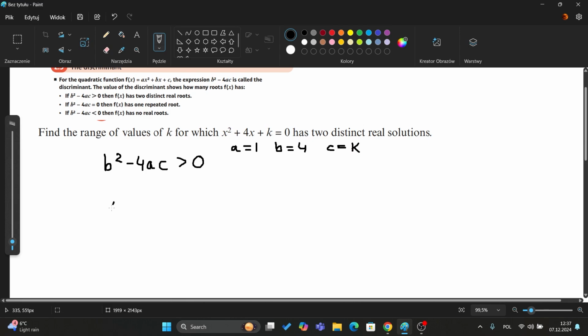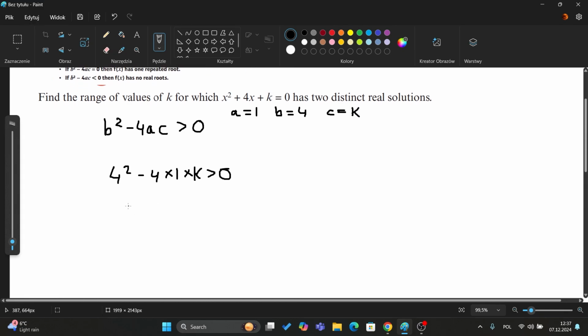So 4 squared minus 4 times 1 times k is greater than 0. Now 16 minus 4k is greater than 0. We add 4k on both sides to get 16 is greater than 4k, and so 4 is greater than k. Therefore, our answer is k is smaller than 4.